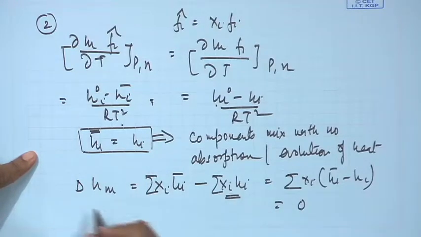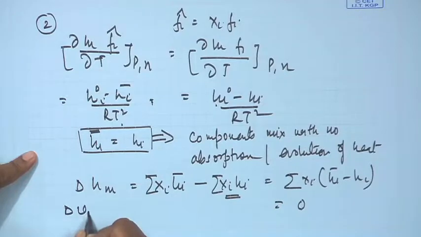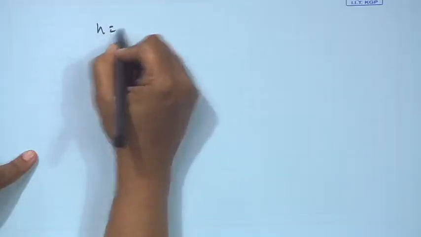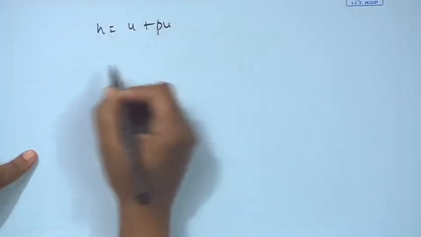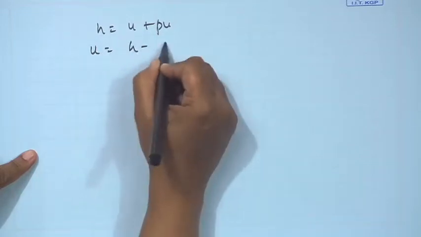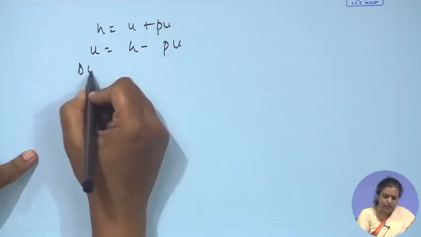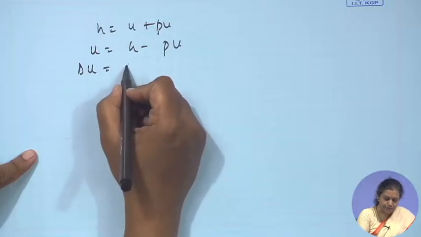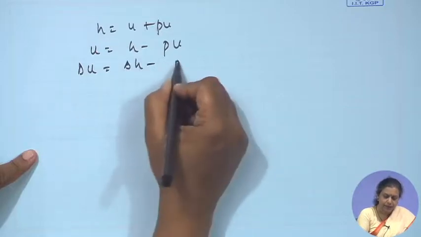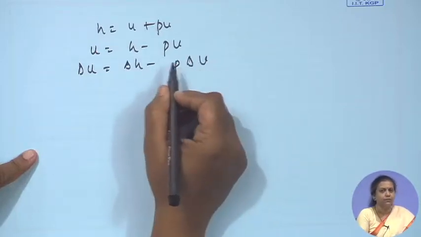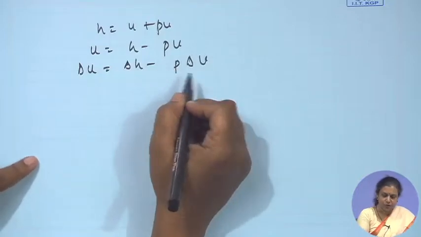In the same way, we can also write that the molar volume change of mixing is equal to 0. Now, what do we know? We know H equals U plus PV, or in other words, U equals H minus PV, or delta U equals delta H minus P delta V. The whole thing is being carried out at constant pressure.